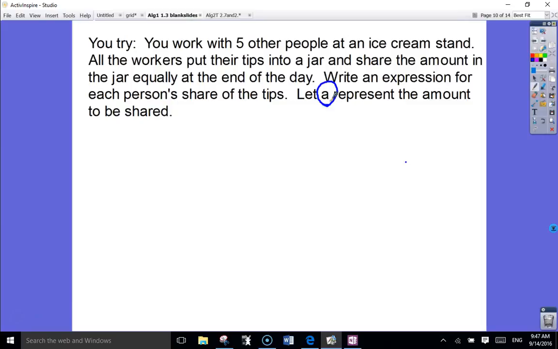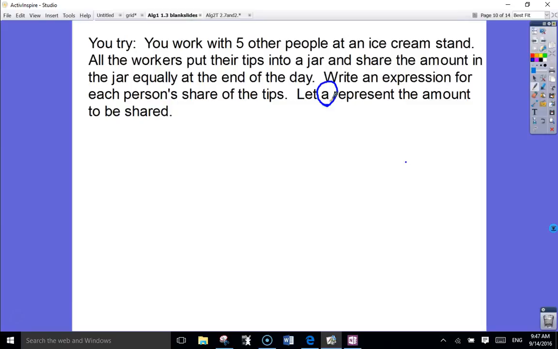So you got a total amount is A, and you're dividing it equally between how many people? 6. What's the expression? Because it's you and 5 people. No, this is 6, not 5, 6.